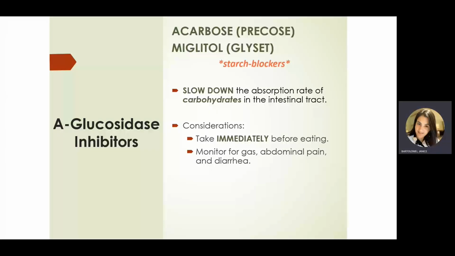That's why they're called starch or carb blockers. They need to be taken immediately before eating, so that it blocks that absorption of carbs. And then they can produce gas, abdominal pain, and diarrhea, so we monitor for that.